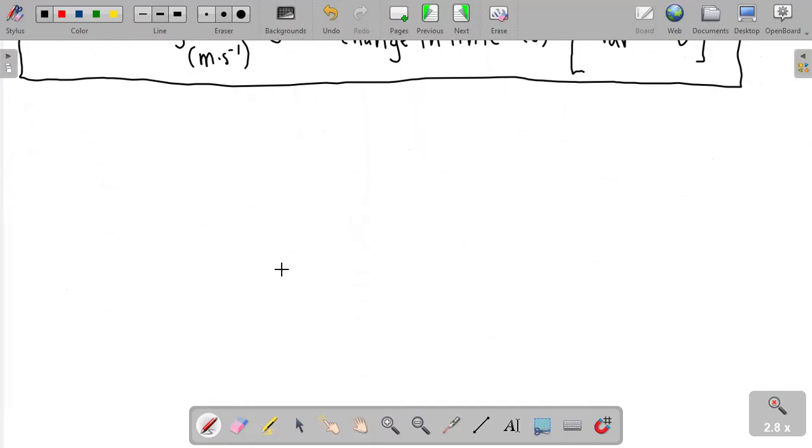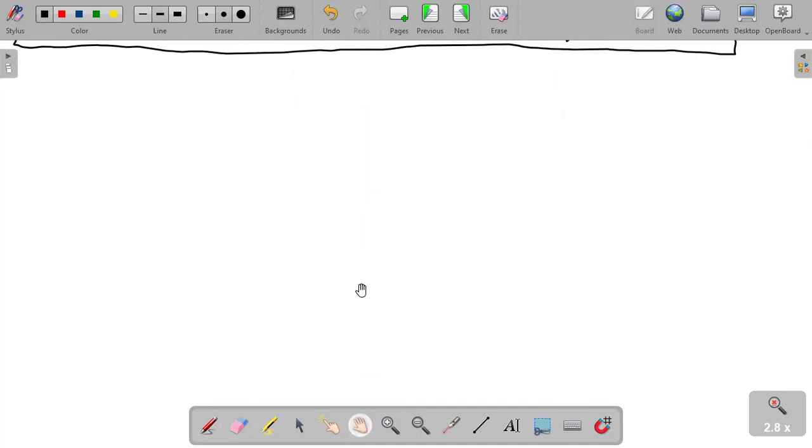On the formula sheet you will get a list of the formulae that you need to be using, but unit conversion is something that you need to know in your head. So let's look at some of the most common unit conversions.